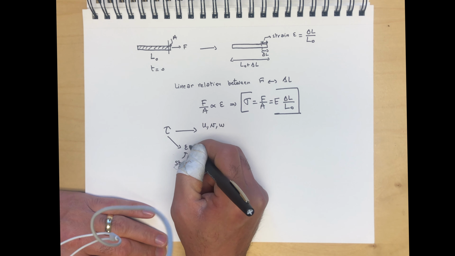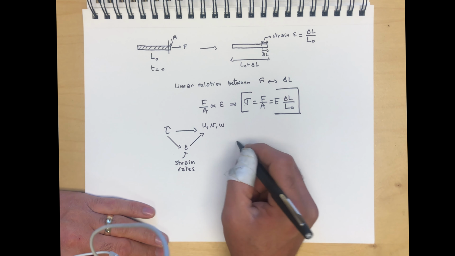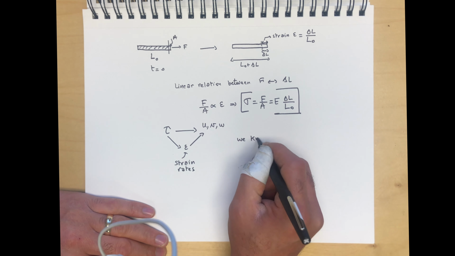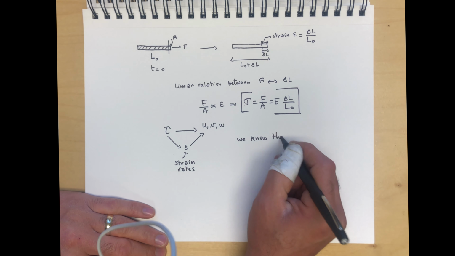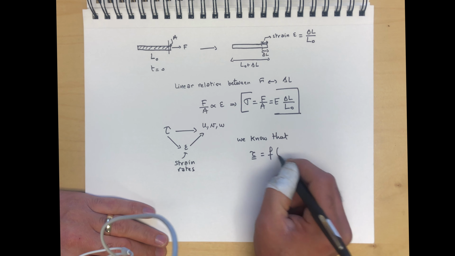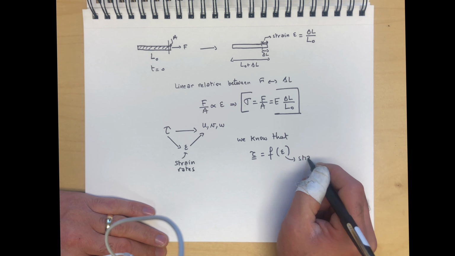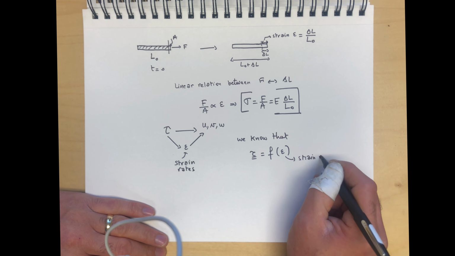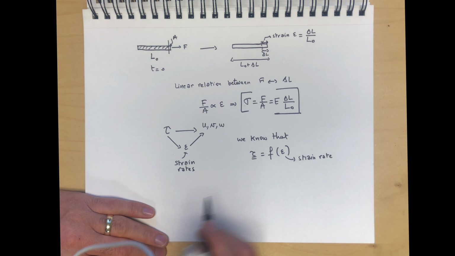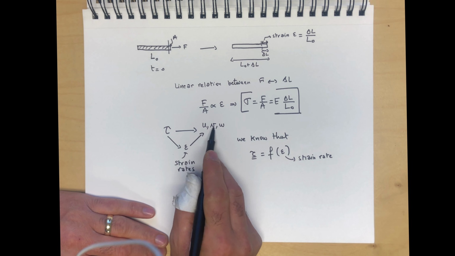So we know that tau is related to epsilon. We know that tau is a function of strain rates. And then the question is, how can we relate the strain rates to u, v, and w?